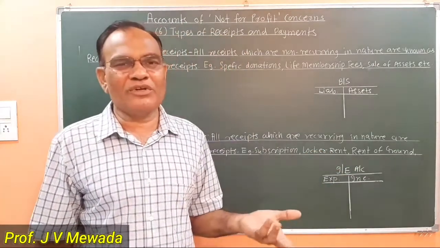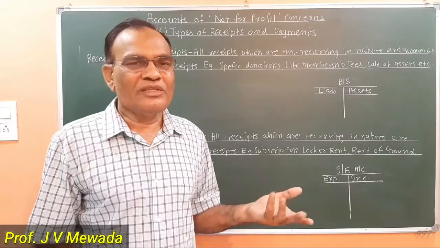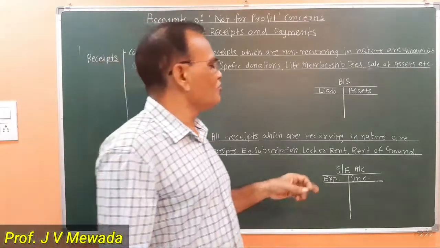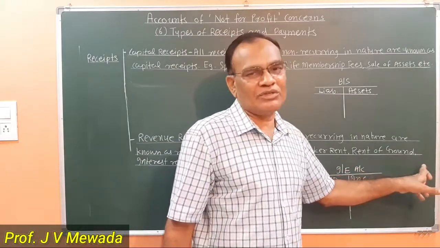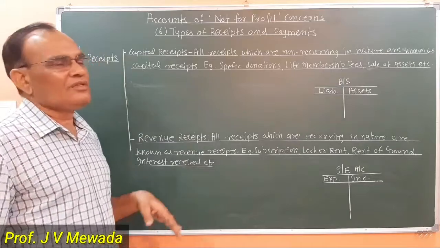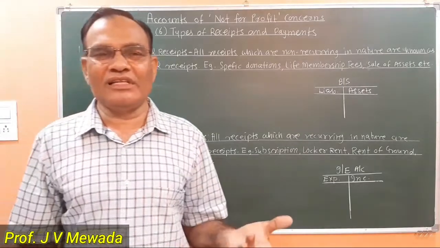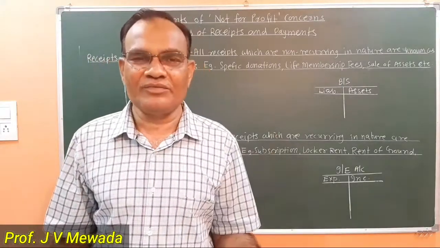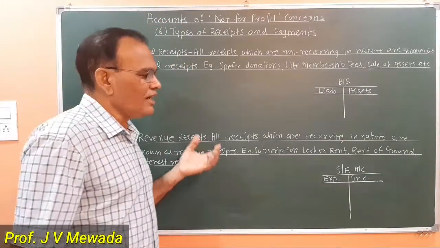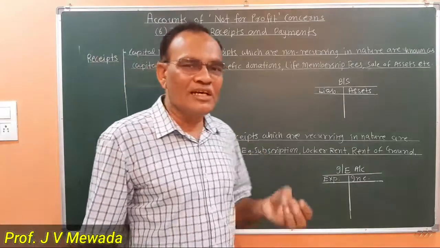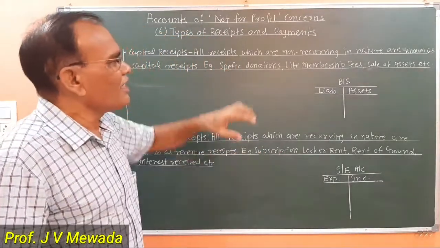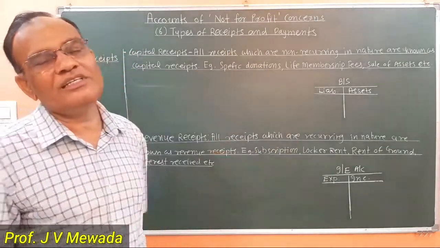Suppose the sports club or the gymkhana or the school, they are having playground, and this playground is given on the rental basis, so they are going to receive rent of this particular ground regularly. Then suppose the NPO is having surplus funds, and that funds are deposited into the bank, so they are going to receive the interest. So interest received. So these are the items which are recurring in nature, and that is why it is known as the revenue receipts. And these are the items which are not recurring in nature, so it is known as the capital receipts.